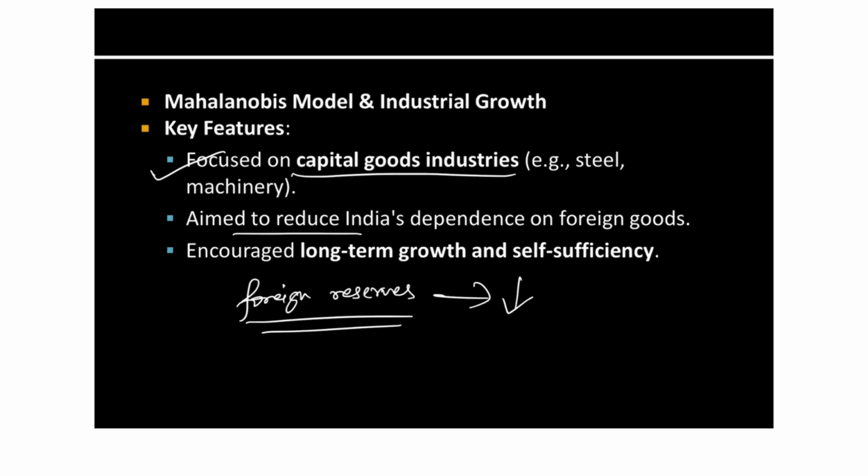So that is the reason why India needed to be self-sufficient and needed to produce for itself. That is why Mahalanobis had the vision to promote the heavy industries and produce everything in India. It encouraged long-term growth and self-sufficiency, which I've already talked about.